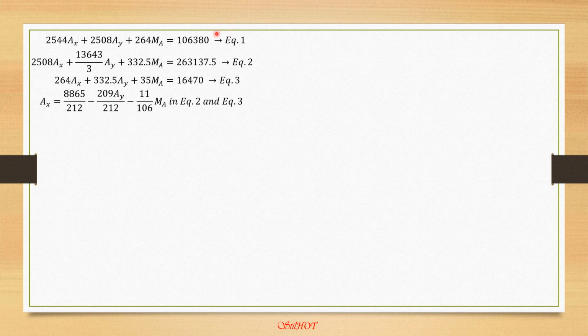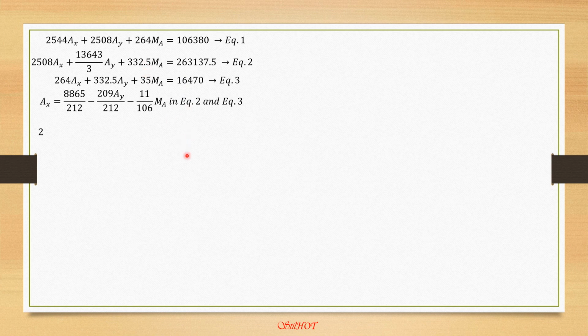Move this to the right, so negative 264 over 2544 is negative 11 over 106 MA. So you have your calculator there, so you can check if the terms here are the same. Then we substitute this into equations 2 and 3, and we call the resulting equations 2.1 and 3.1 respectively.